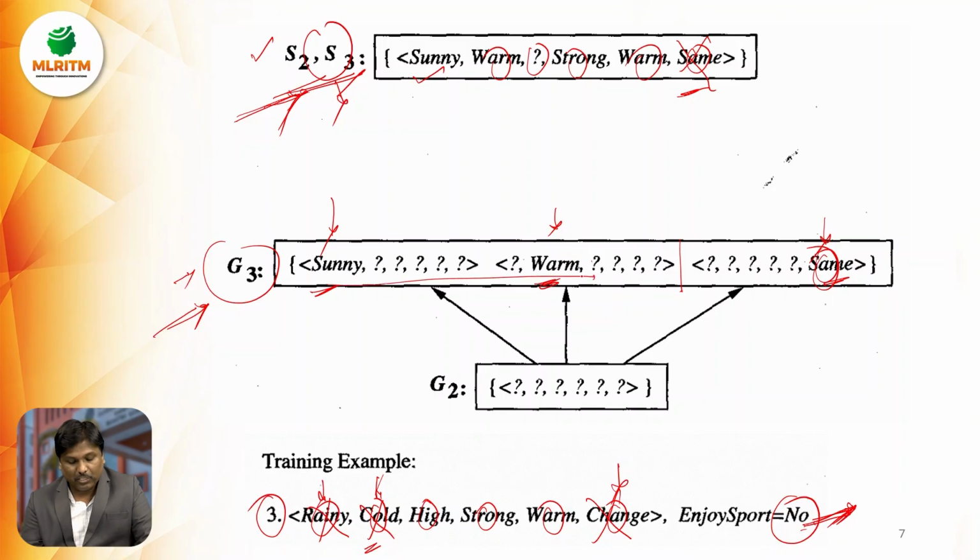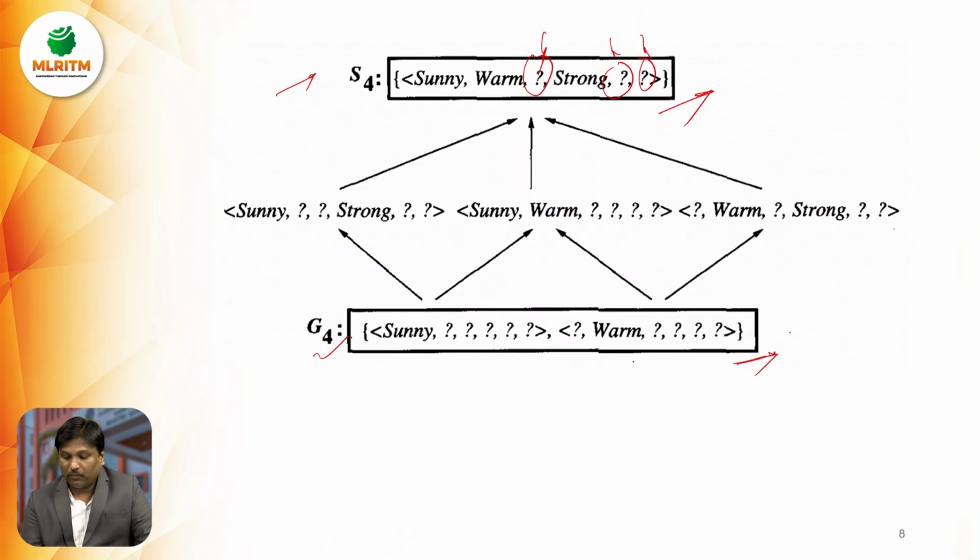We just consider these two as the G4 value, because that is already included in the S4 value. Whenever a hypothesis is already repeated or already covered, to minimize the number of hypotheses, we can remove that particular weather change value.